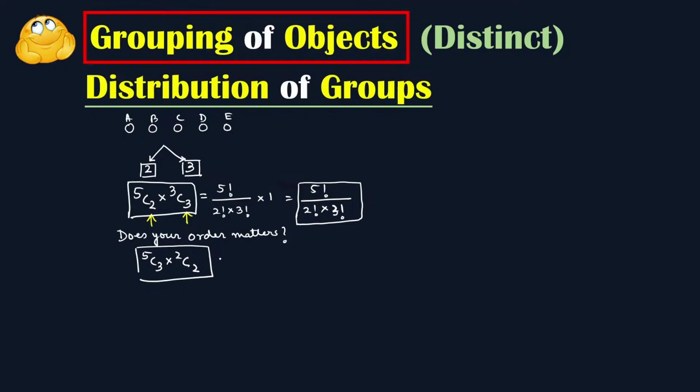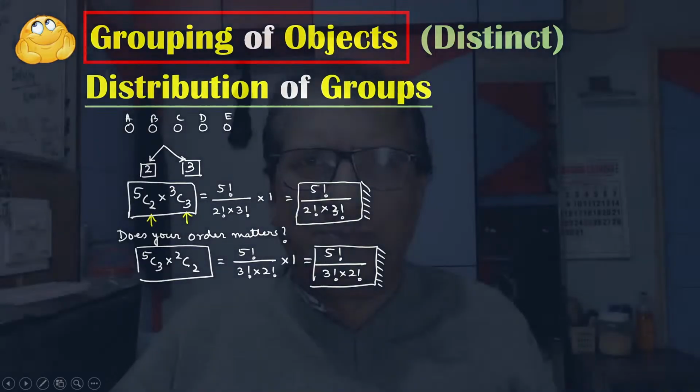So let me just calculate this. 5C3 is what? It is factorial 5 divided by factorial 3 into factorial 2, and 2C2 is again 1. So we are having factorial 5 divided by factorial 3 into factorial 2. Now see, this one and this one, they are not different.